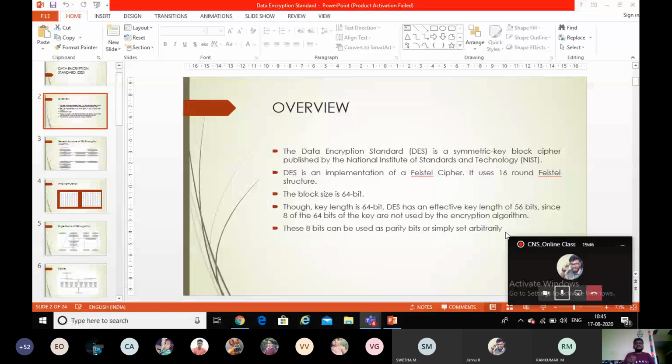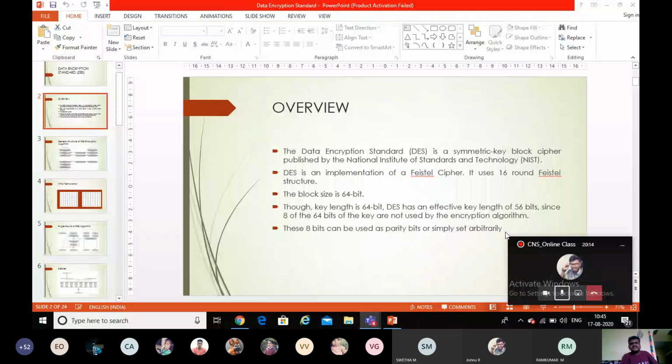This has an effective key length of 56 bits. So at the time of output, we compile 56 bits from the 64 bits. So how are we going to do this?